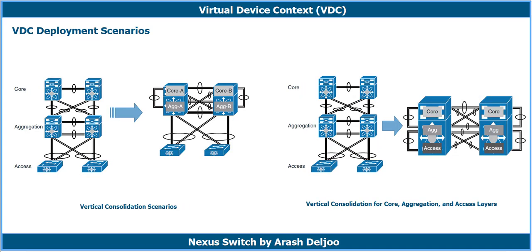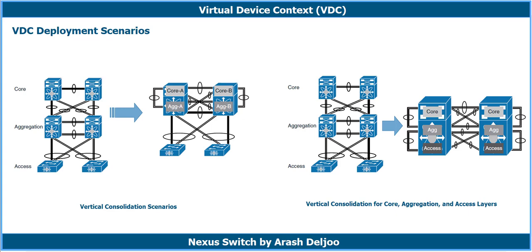The next method is the vertical consolidation scenarios. When using VDCs in vertical consolidation, you can consolidate core functions and aggregation functions. For example, using a pair of Nexus 7000 switches, you can build a redundant core and aggregation layer.